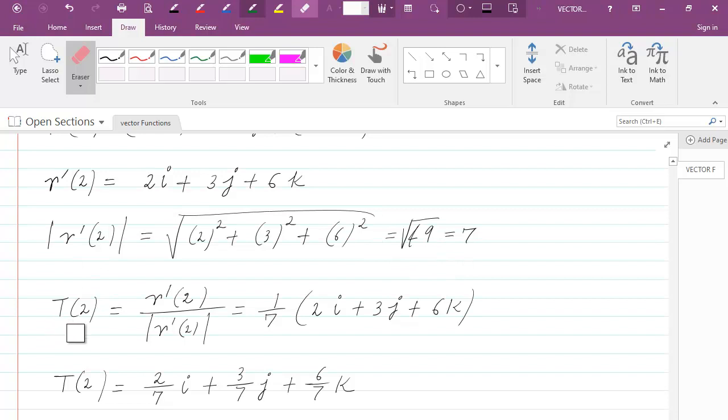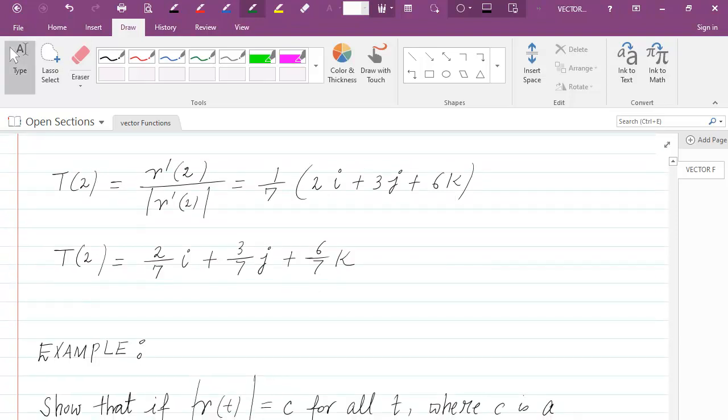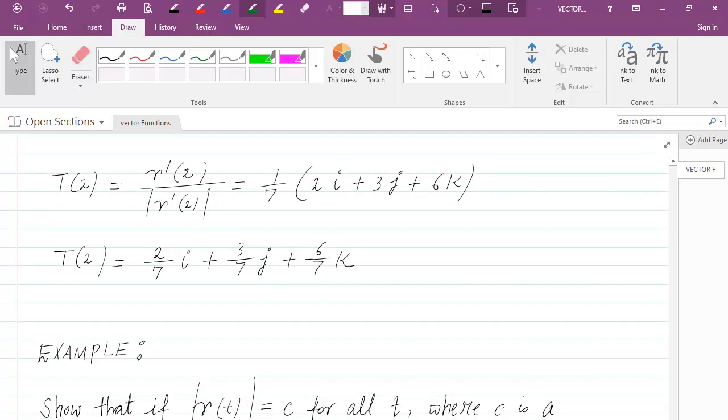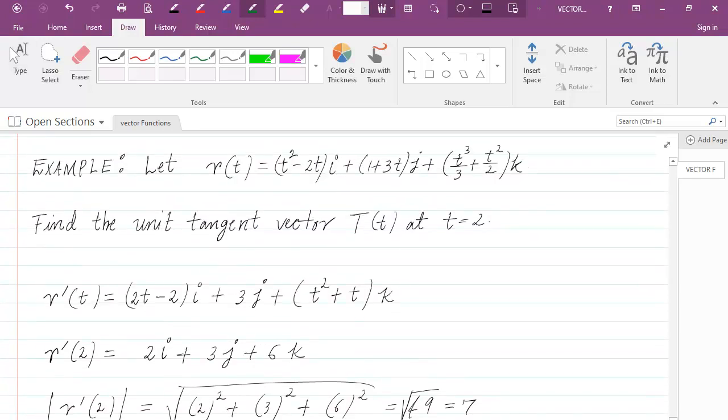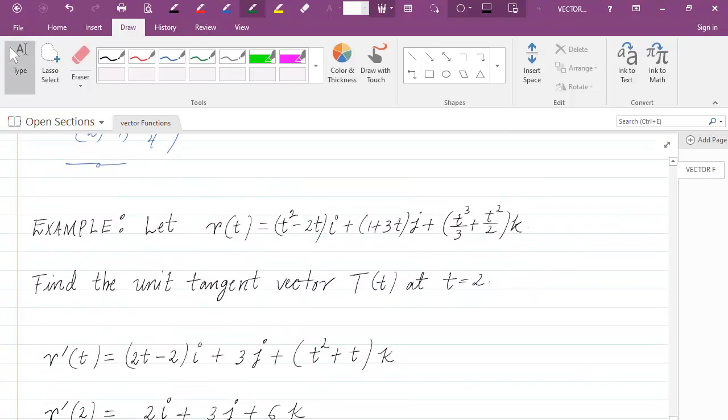So the unit tangent vector T of 2 would be r prime of 2 divided by the length of r prime of 2, and so it is 1/7 of 2i plus 3j plus 6k, and so we see that T of 2 is 2/7 i plus 3/7 j plus 6/7 k. Okay, so that's the unit tangent vector at t equals 2.